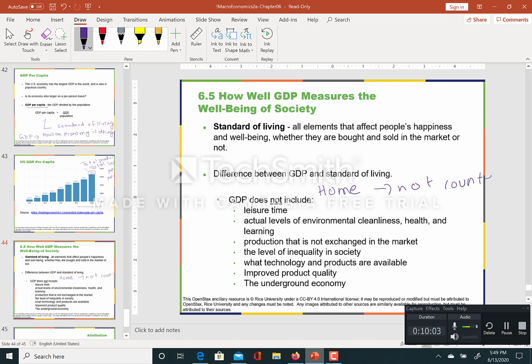For example, you can ask your mom to take care of your kid, and that's not going to be counted in the GDP calculation. Rather, you put your kid in a daycare, that's going to be calculated in the GDP. The other example, you make lunch at home versus you buy lunch in a cafeteria. The cafeteria lunch will be included in the GDP calculation.